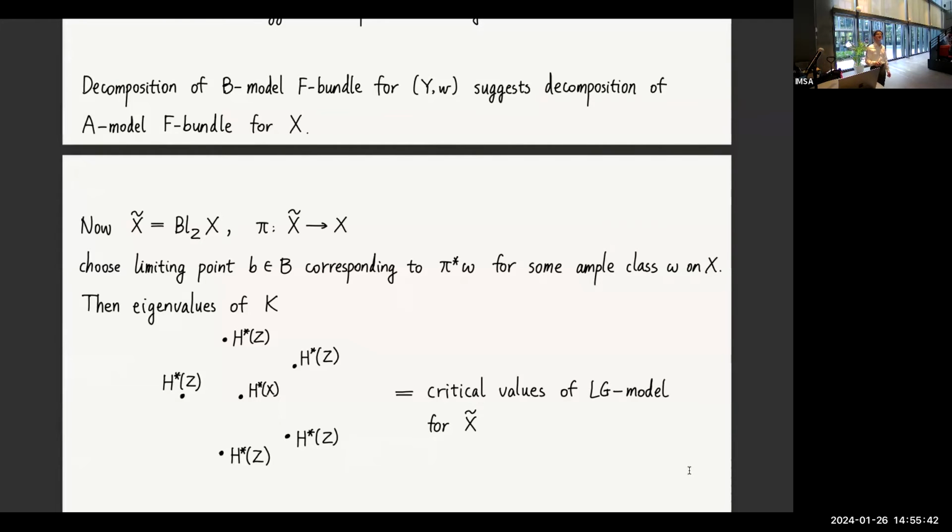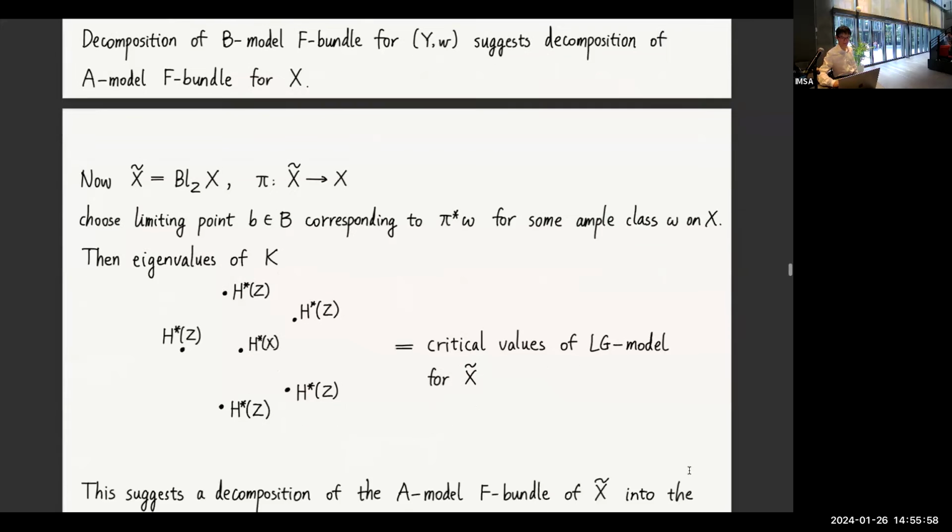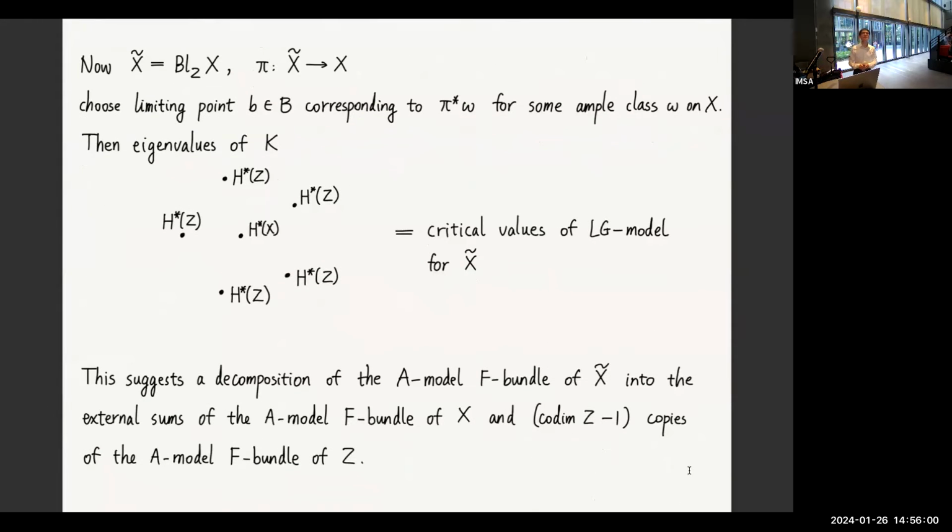And furthermore, if we consider the eigenspaces for these eigenvalues, the eigenvalue 0 corresponds to homology of X, and all the other points correspond to homology of Z. And this suggests a decomposition of the A model F bundle of X tilde into direct sums of the A model F bundle of X and codimension Z minus 1 copies of the A model F bundle of Z. Any questions?